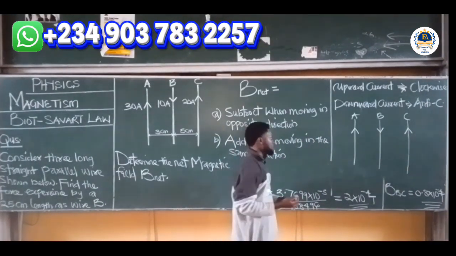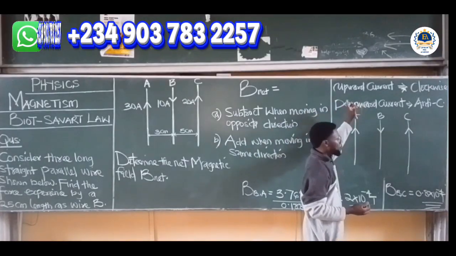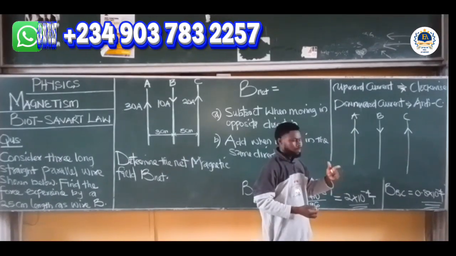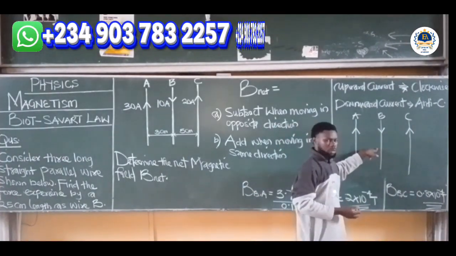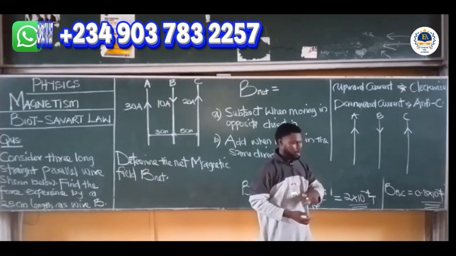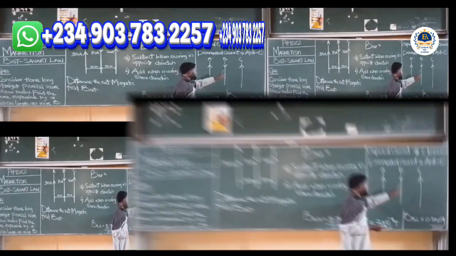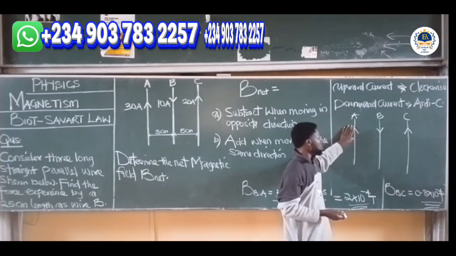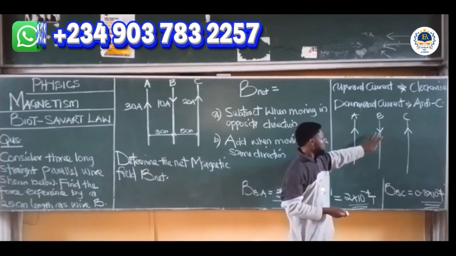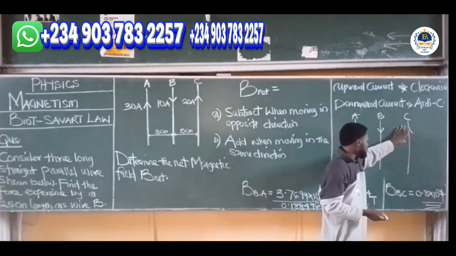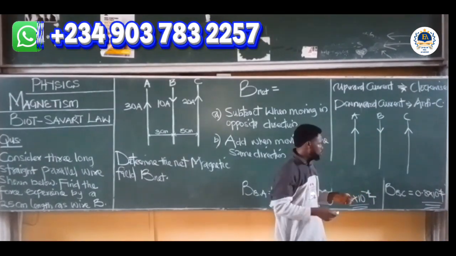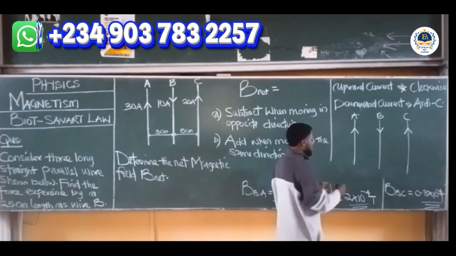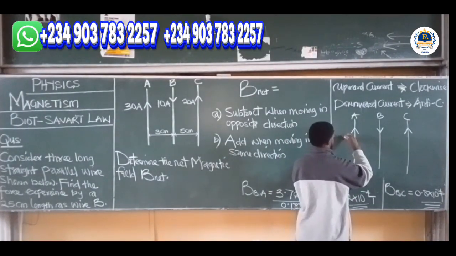Now, the concept is that upward current should be in a clockwise direction, whereas downward current should be in anti-clockwise direction. Current B is the reference point. That is to say, current A will produce a magnetic field at B, and current C will also produce a magnetic field at B.